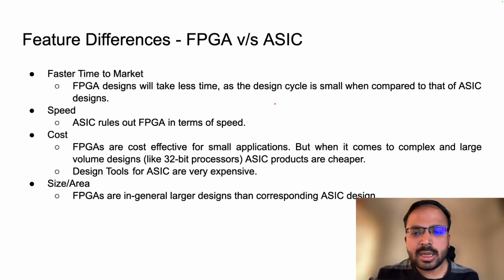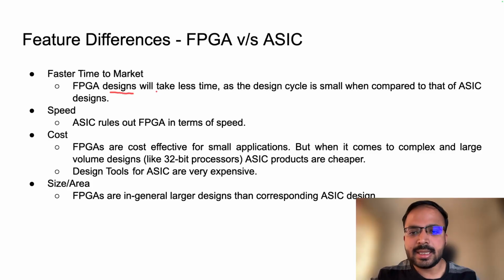Now, there are certain differences between FPGA and ASIC, because both are design approaches followed in certain conditions, and sometimes not followed. So how do we decide which design approach to follow? It's very important to know this. When the time to give the product to the customer is very short, FPGA designs usually take less time. Why? Because their circuitry is much more configurable, right?